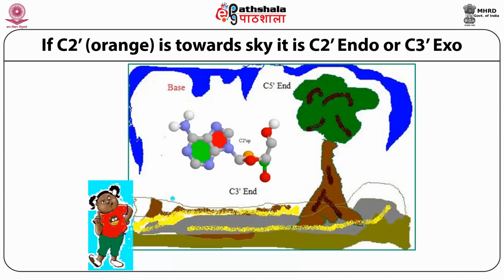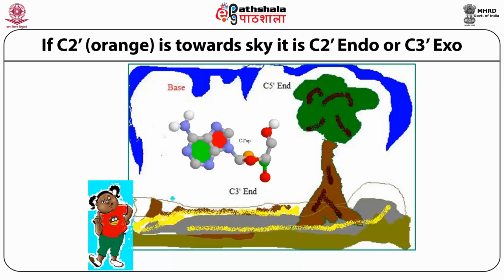Just imagine a plane O4', C1', and C4', and we color the two, C2' and C3', by green and yellow color. C3' is colored green, C2' is colored yellow. If C3' is up, then it is C3'-endo. If C3' is on the other side, it is C2'-endo.